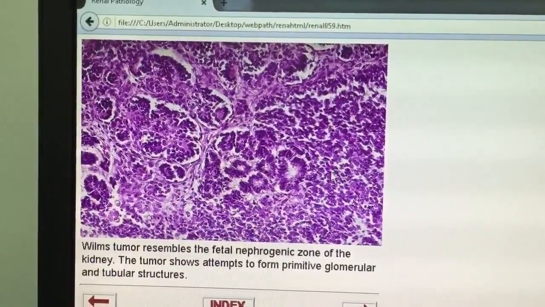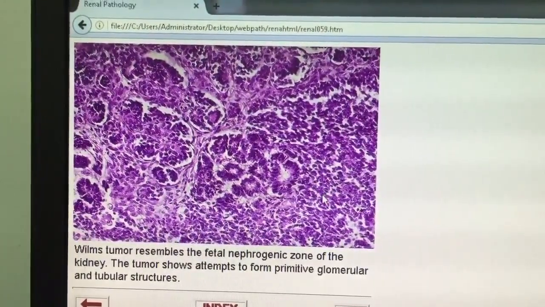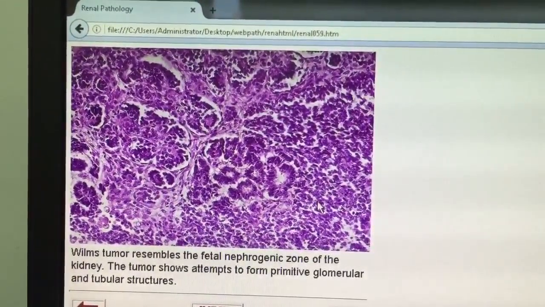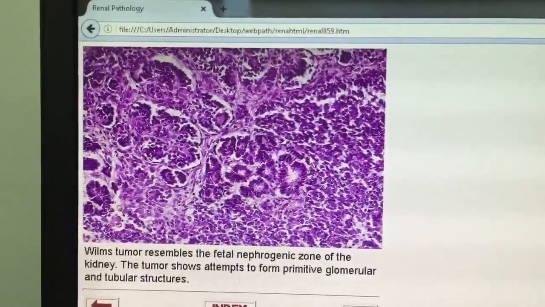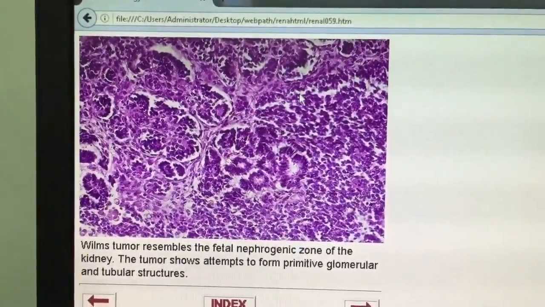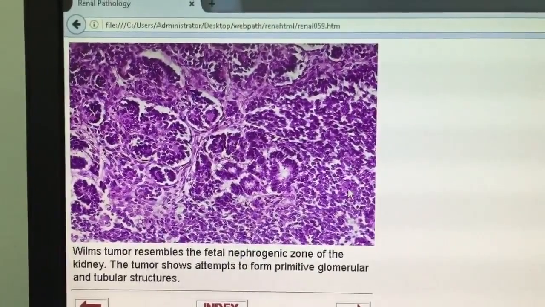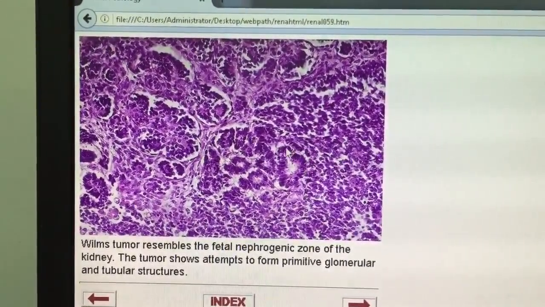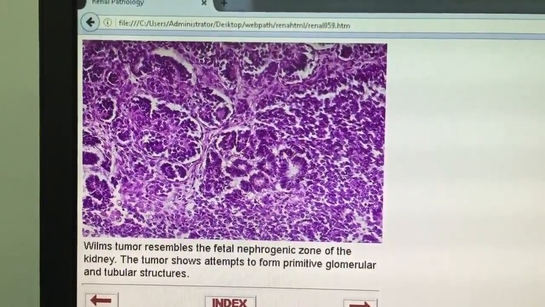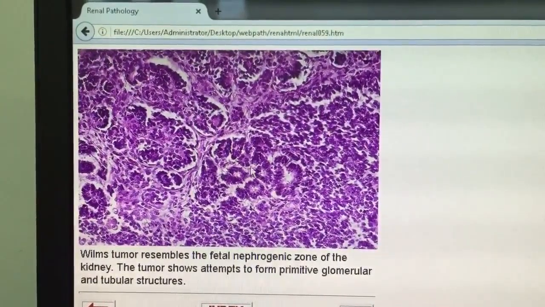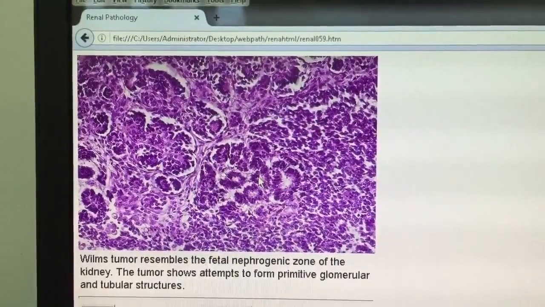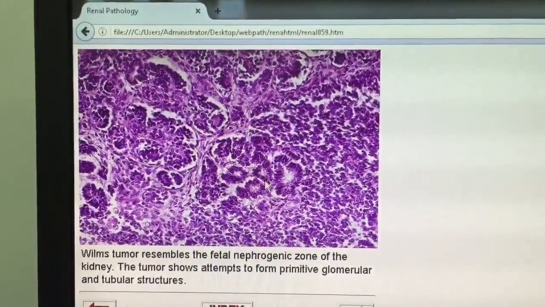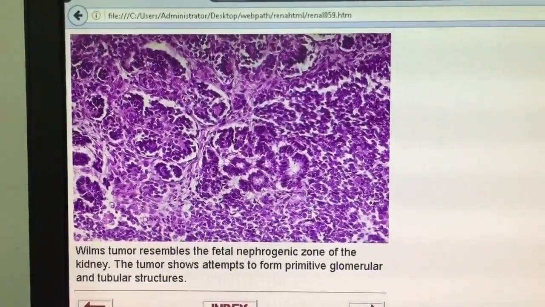On high power, the nuclei appear large and hyperchromatic with little cytoplasm. Some show a diffuse growth pattern like in this area, and some are arranged into poorly formed tubules which resemble primitive glomerular and tubular structures.